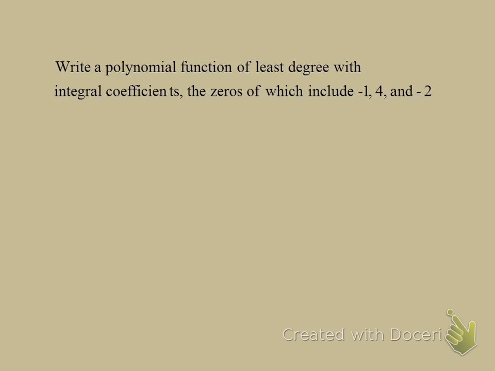Alright, so those steps were this. You set each 0 equal to x. You turn that 0 into a factor.